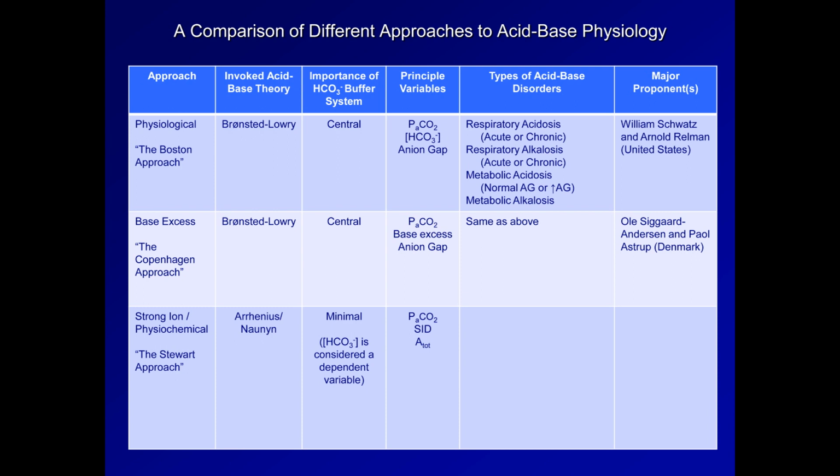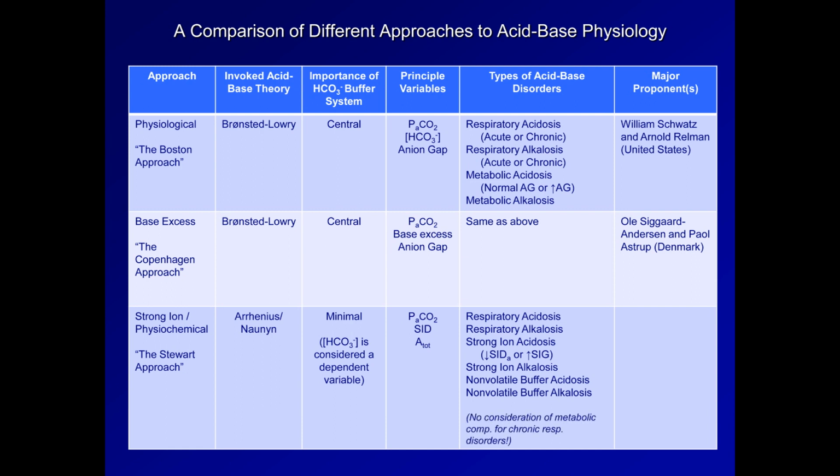There are 6 to 7 general types of acid-base disorders in the Stewart approach: respiratory acidosis and alkalosis, strong ion acidosis, which can be subdivided into low SID-A or high SIG acidosis, strong ion alkalosis, and non-volatile buffer acidosis and alkalosis. As a general rule, the Stewart approach does not usually consider metabolic compensation for chronic respiratory disorders.